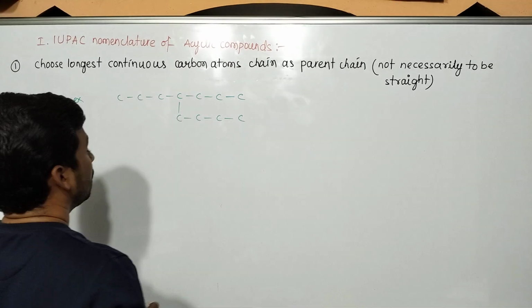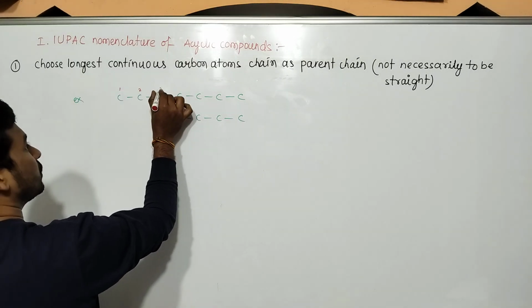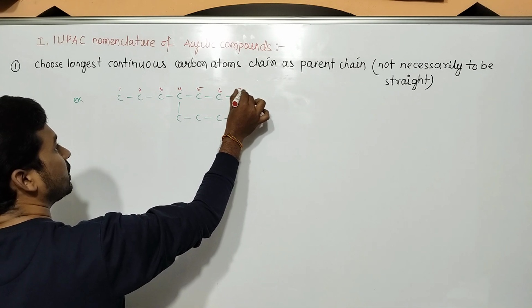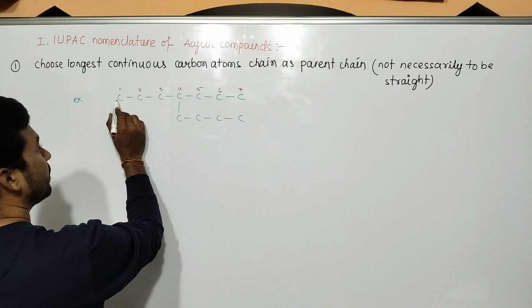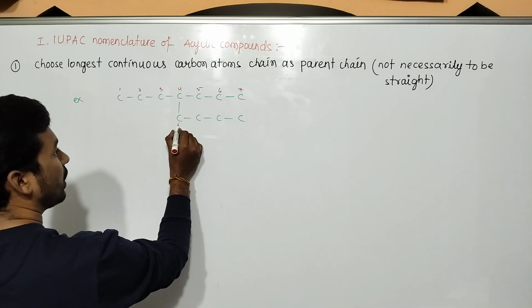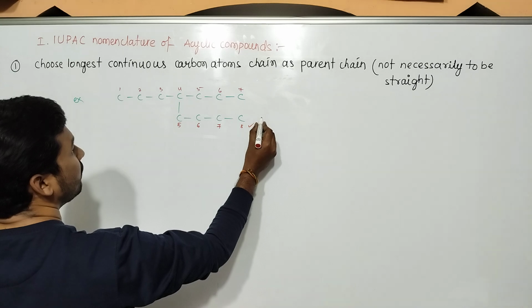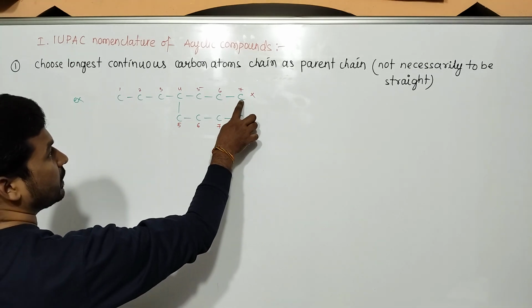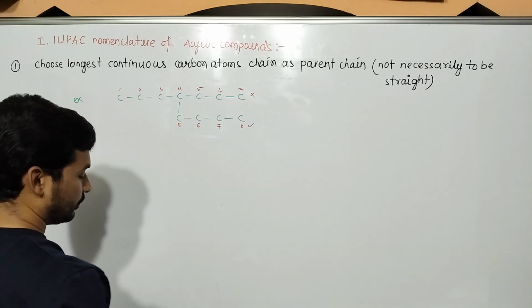So see this chain: 1, 2, 3, 4, 5, 6, 7. This is a 7-membered chain. If you give numbers like this, then it becomes 1, 2, 3, 4, and this becomes 5, 6, 7, 8. Then this one becomes the parent chain, not this one. If you give numbers like this, 1, 2, 3, 4, 5, 6, 7, 8, that is also correct.